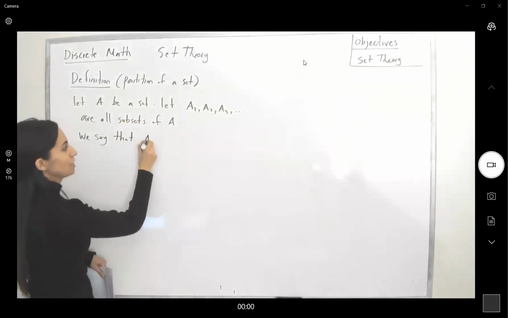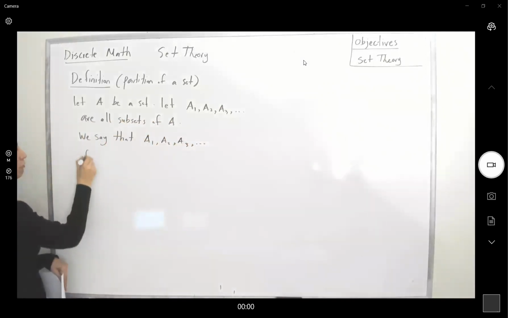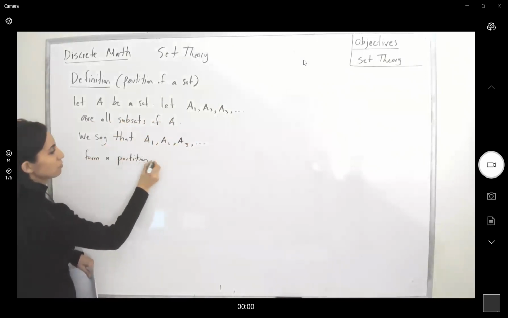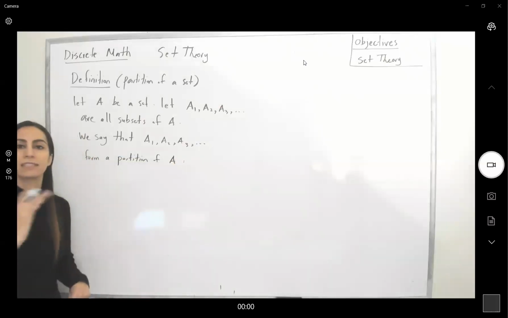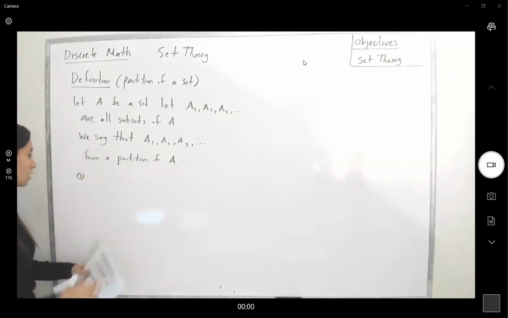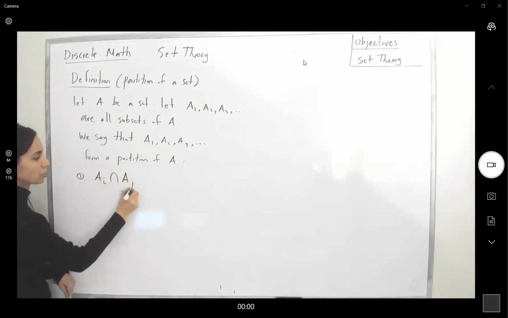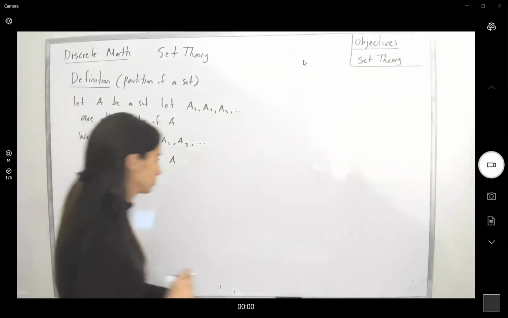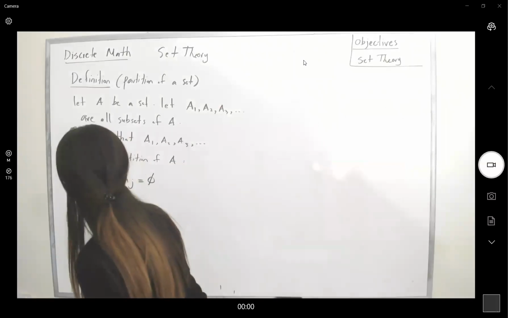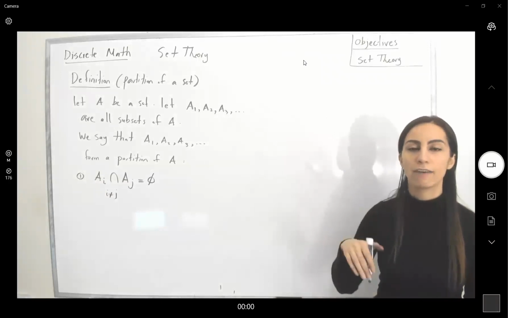We say that this collection of subsets, A sub 1, A sub 2, A sub 3, and so on, forms a partition of A if they satisfy the following conditions. First of all, they are mutually disjoint: A_i intersection A_j is empty. So if you take two of them, note that i is not equal to j, if you take two sets that are different from each other, they have nothing in common.